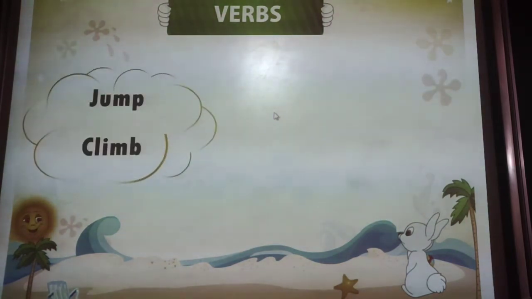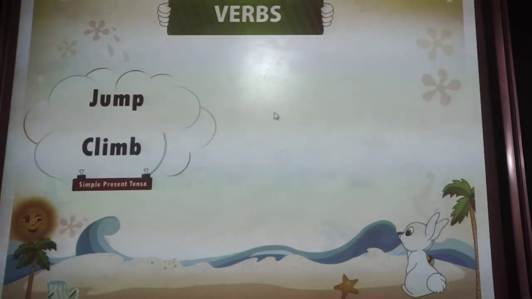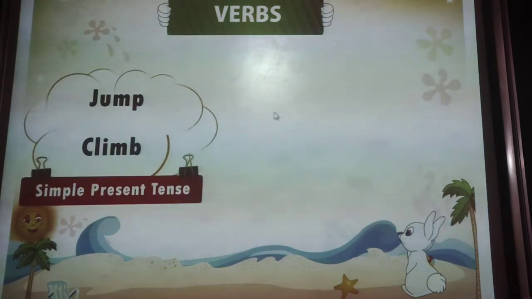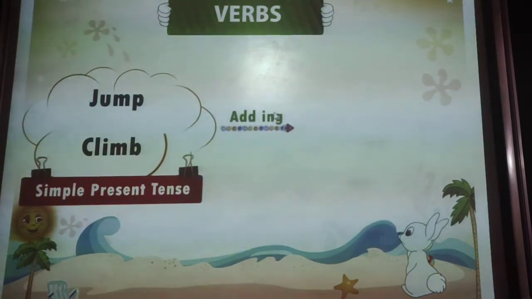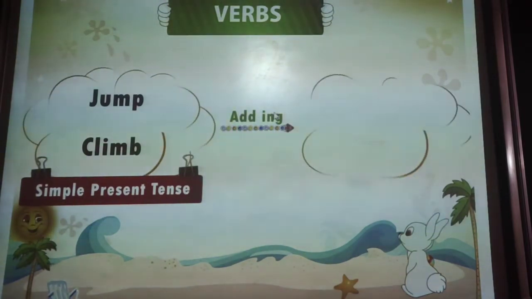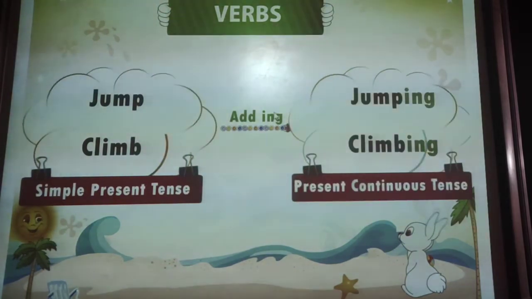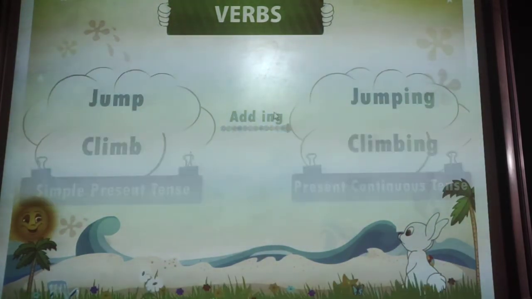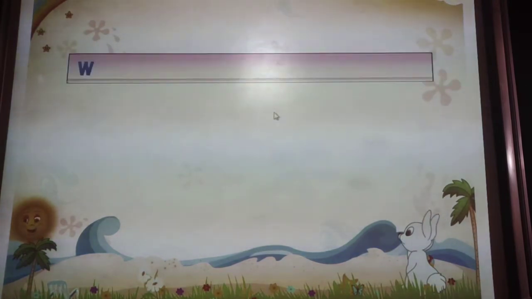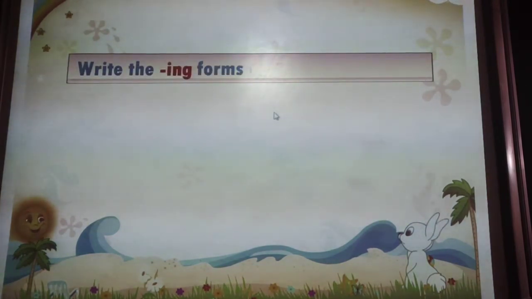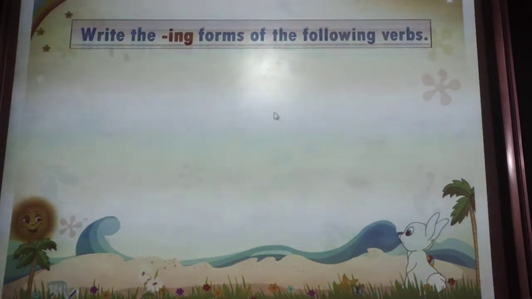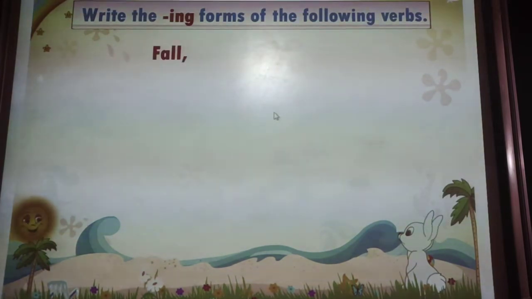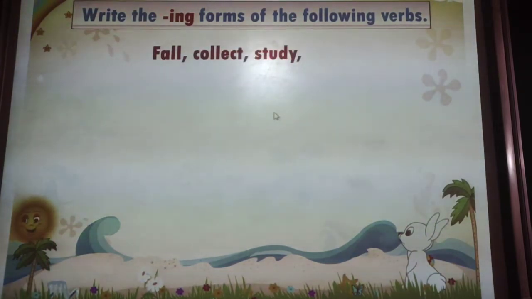Jump and climb are the verbs of the simple present tense. If we add ing to these words, they change into present continuous tense. Come, let us write the ing forms of the following verbs. Fall, collect, study, bark.